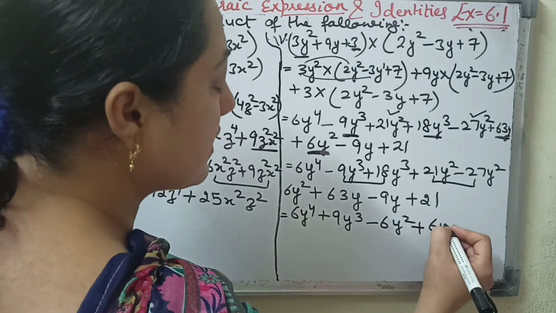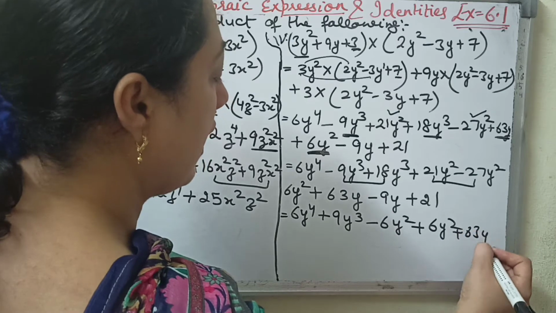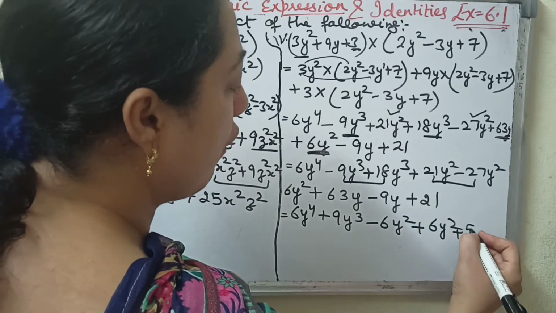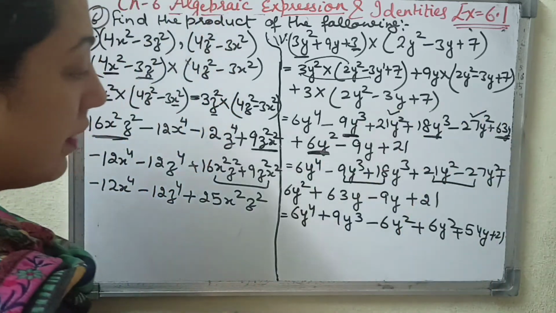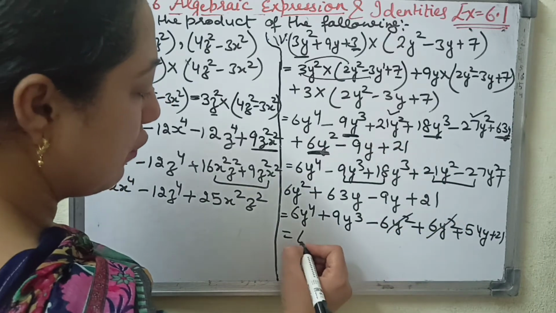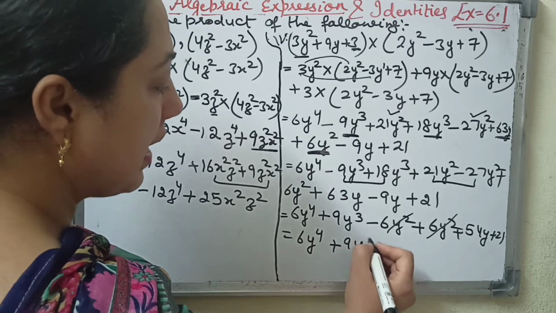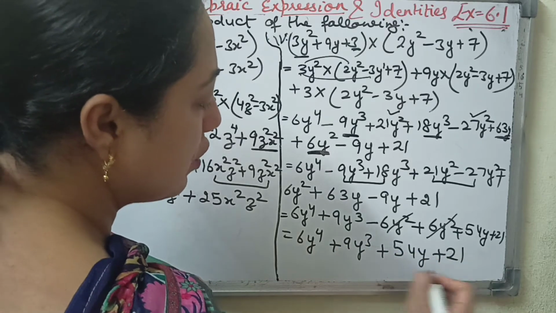Again here plus 6y², plus 63y − 9y, that is 54y plus 21. Now this 6y² cancels out with this 6y². We are left with the answer, that is 6y⁴ + 9y³ + 54y + 21.